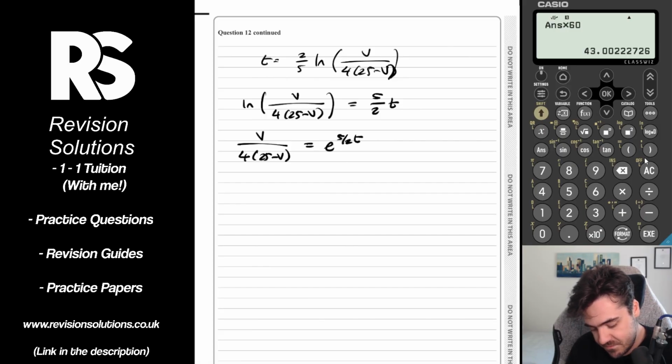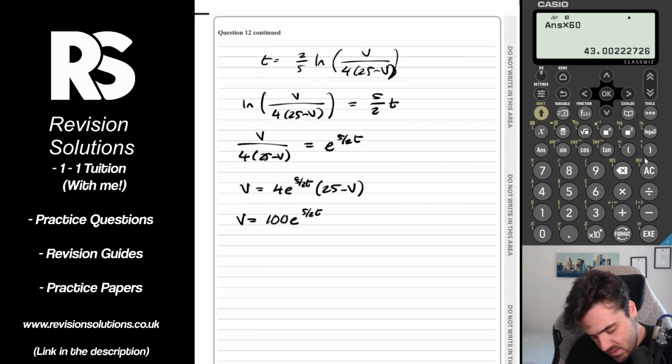Now, if we want to start rearranging for v, we need to multiply this fraction up. So that would be v then equals 4 e to the 5 over 2t times 25 minus v. Then expanding that out, we would have v equals 100 e to the 5 over 2t minus 4v e to the 5 over 2t. Let's bring these together so we can factorize them out.